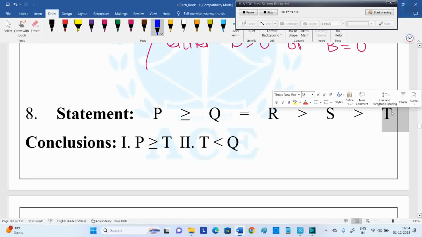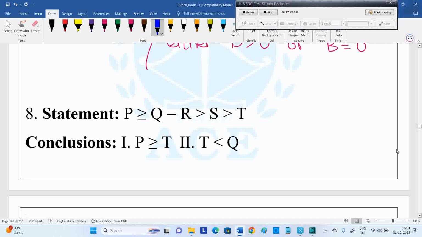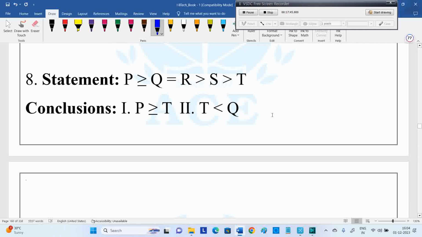What's the answer you have to get? Only 2 follows. Among Q and R, you can keep only one variable. I'm keeping Q because Q is there in conclusions. Now, throughout the path from P to T, what is there?